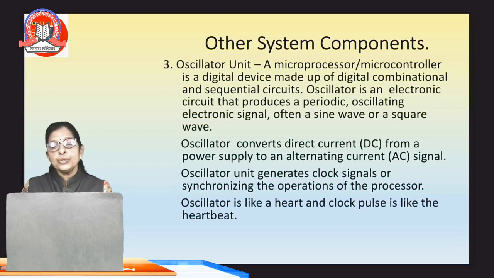The oscillator unit generates clock signals for synchronizing the operations of the processor. Again, the oscillator is like a heart, and the clock pulse is like the heartbeat. It's a very important component in our embedded system.